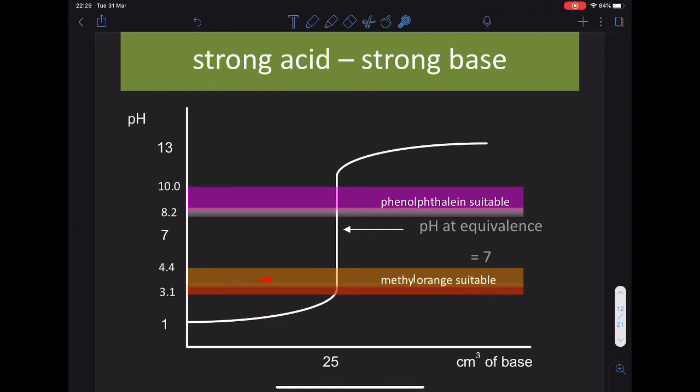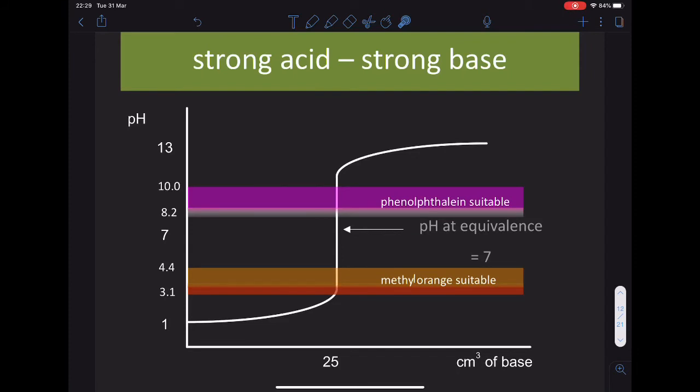So this line here is the point at which the methyl orange changes colour from red to yellow or vice versa. That's the point where the indicator is orange. So anything below this point is going to be red, anything above that point is going to be yellow. So if we follow this titration curve at the start, the methyl orange is red, and it's red and it's red until it gets to this point where it switches to orange.